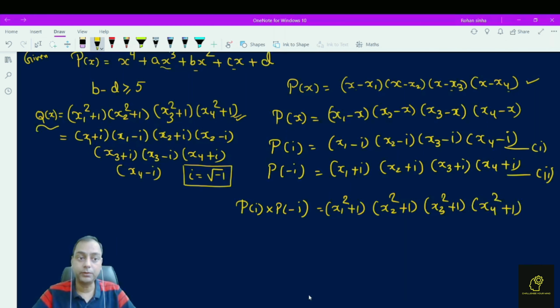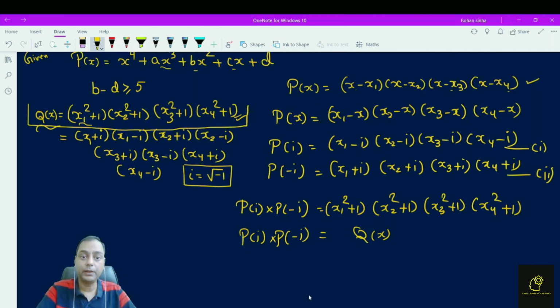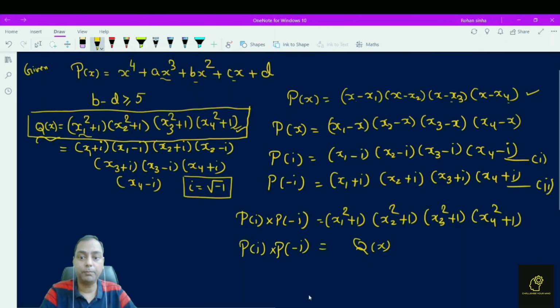This is nothing but Q(x). So P(i) into P(minus i) is equal to Q(x), which we assumed to be (x1^2 + 1)(x2^2 + 1)(x3^2 + 1)(x4^2 + 1).